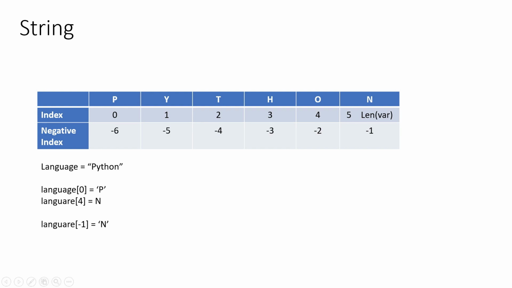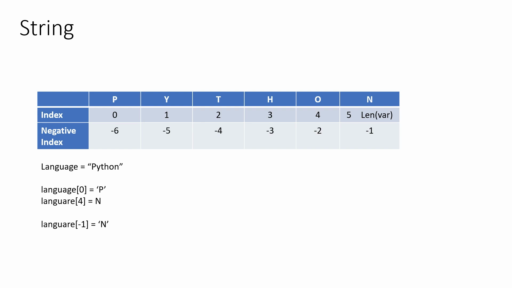So let's say we have a variable called language and it has a value of the string Python. Now every character in this string has an index number starting with 0. So P has index 0, Y has 1 and so on and so forth. So N would be 5.